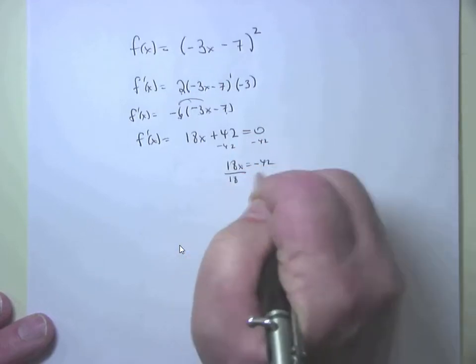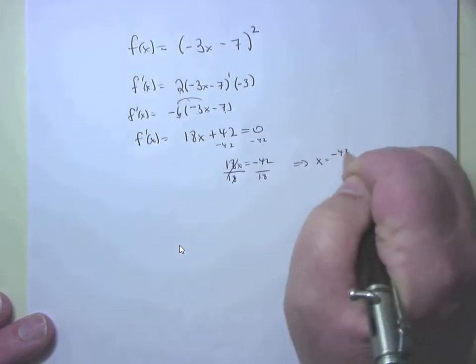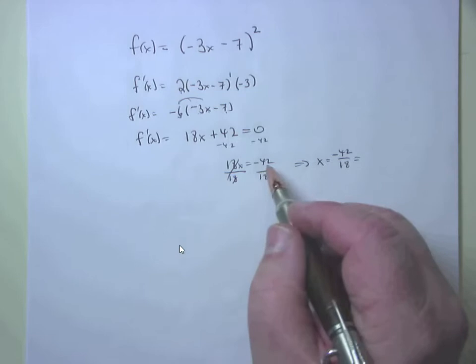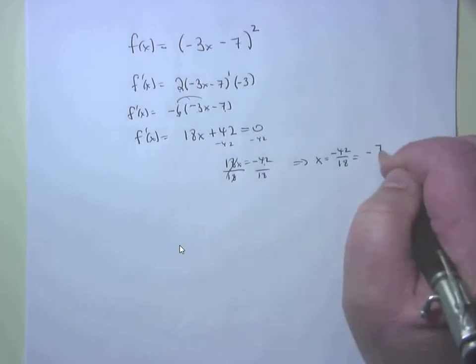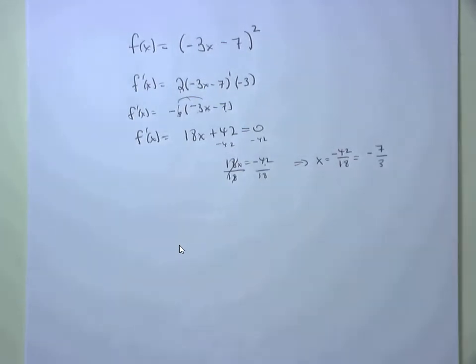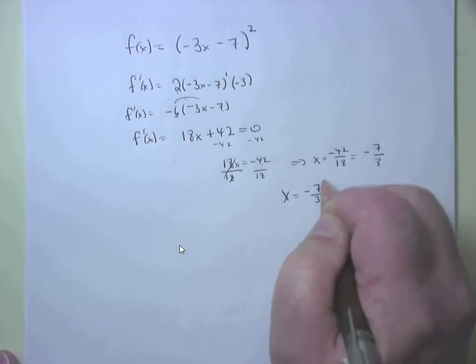I'm going to divide by 18 on both sides, and I get x is equal to negative 42 divided by 18, and that fraction reduces. Both of them have 6 going into them. 6 goes into negative 42 negative 7 times, and 6 goes into 18 3 times, so the answer I get is x is equal to negative 7/3.